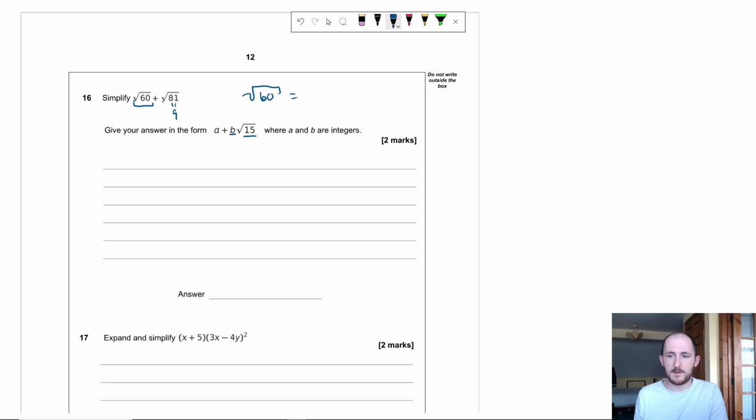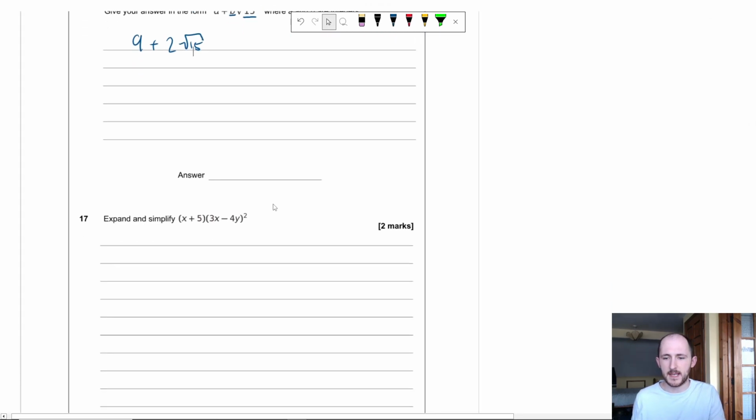One of them has to be 15, because it tells me one of them is 15. So what is 60 divided by 15? Well, that's square root 4 and 15, which we can separate into two separate surds like so, which is just 2 root 15. So my answer is just 9 plus 2 root 15.